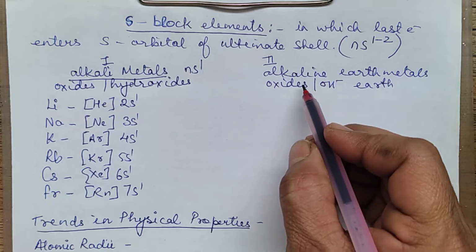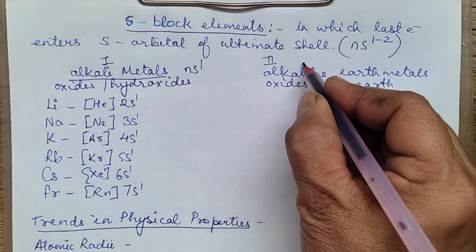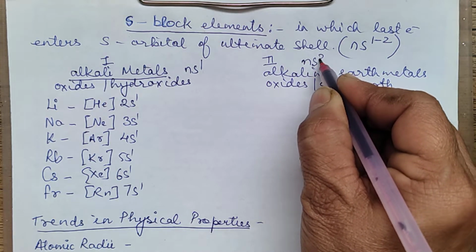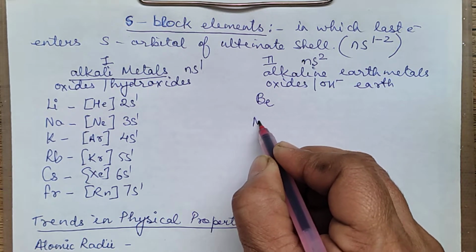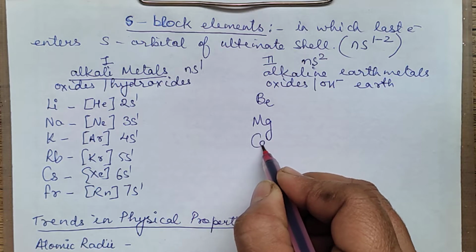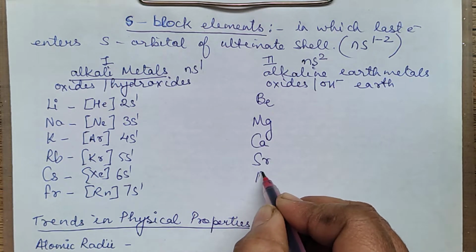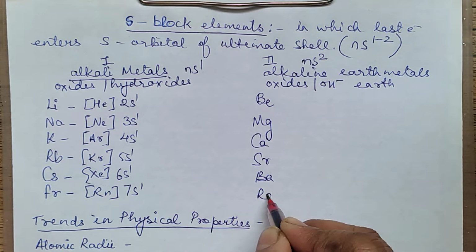Likewise, in alkaline earth metals, that is group 2, the general configuration would be ns2. And if we write their configurations: beryllium, magnesium, calcium, strontium, barium, radium.